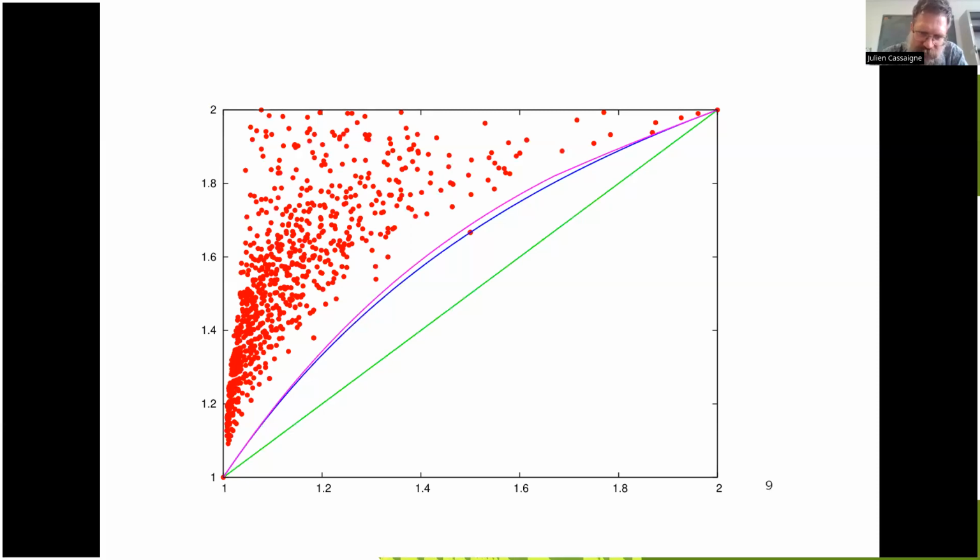And it is the only point, apart from the both ends, 1 and 2, that is in the spectrum on the line. The rest of the line is not in the spectrum. I will explain the purple line later.